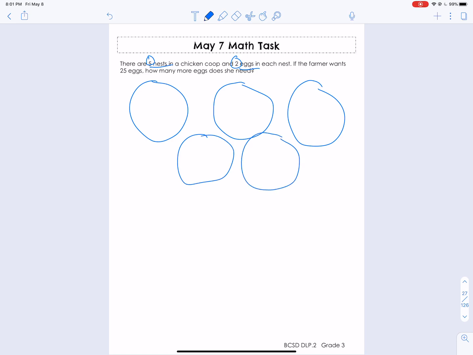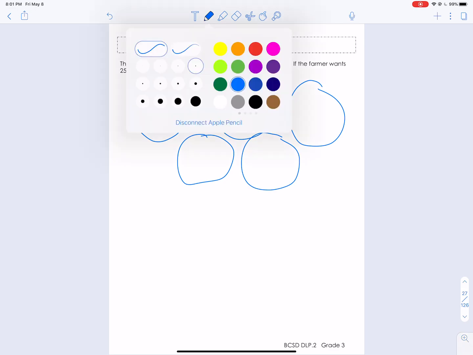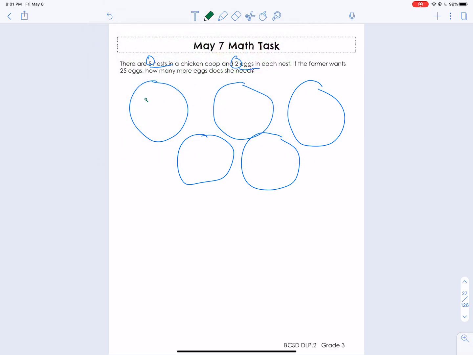And then if we have 2 eggs in each nest, I'm going to put those 2 eggs in each of the groups I just made. 1, 2, 1, 2, 1, 2, 1, 2. Okay, and that's what she has in her chicken coop already. I count 2, 4, 6, 8, 10. So she's got 10 already.